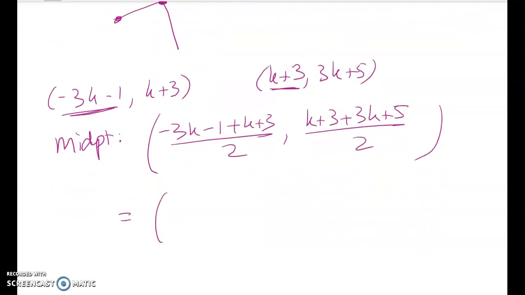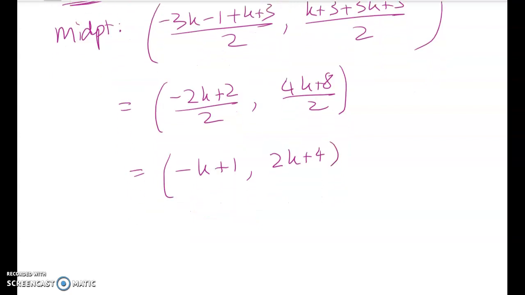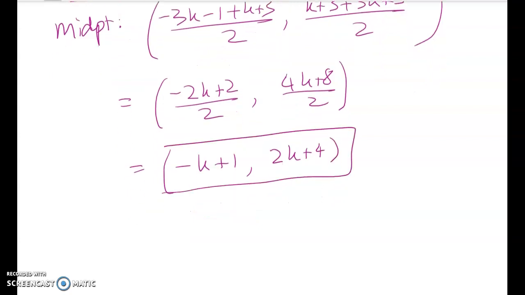Cleaning that up gives me (-2k plus 2) divided by 2, and (4k plus 8) divided by 2, which equals (-k plus 1, 2k plus 4). So we know that this point is on the perpendicular bisector.